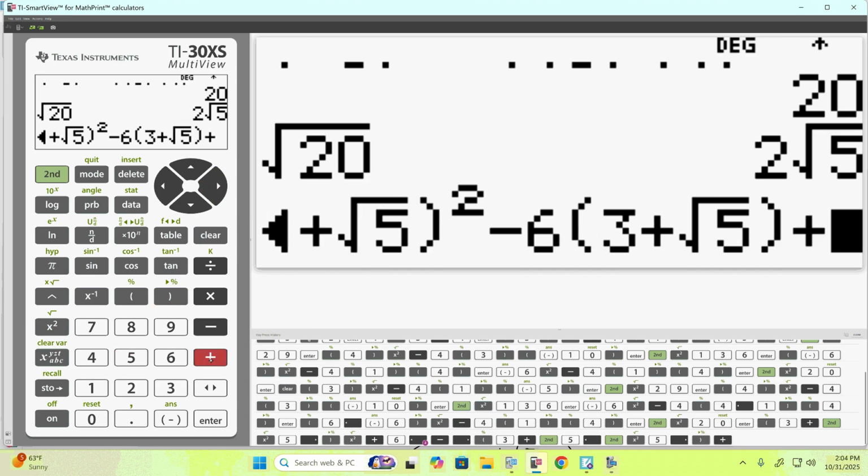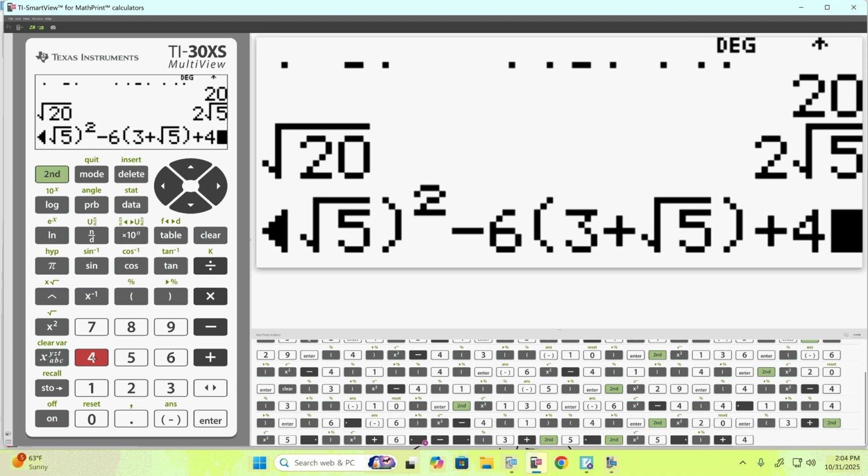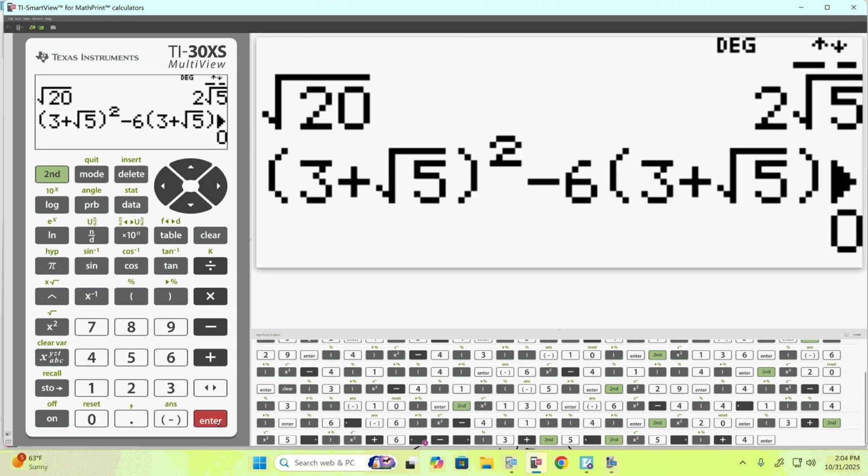And then it was plus 4, yes? So all I've done is taken one of the answer choices. We can't take the plus or minus, it needs one or the other. We're either going to use the plus of 3 plus the square root of 5, or the other 3 minus the square root of 5. We plug it in. And what did our starting equation say this should equal? 0. So if this is the correct answer, I should be able to hit enter, and it tells me that it is. It's telling me it is the correct answer.